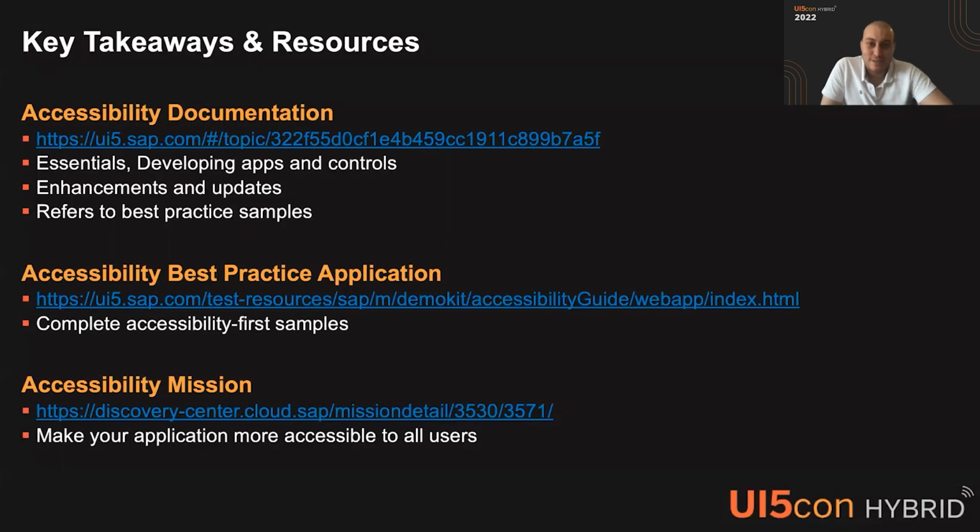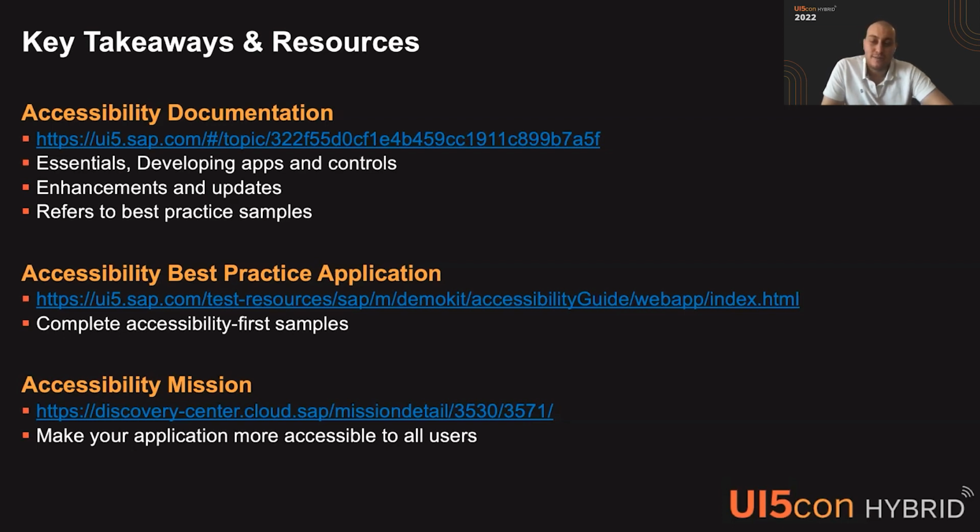So with this slide, I wanted to give you some takeaways from this presentation. For example, we saw our improved accessibility documentation, how the content was organized differently, so it is easier for developers to find the needed information.